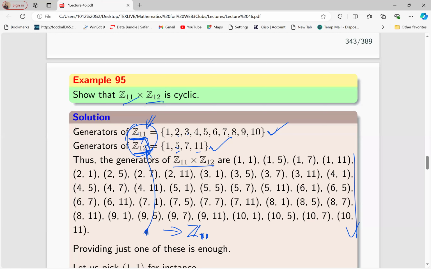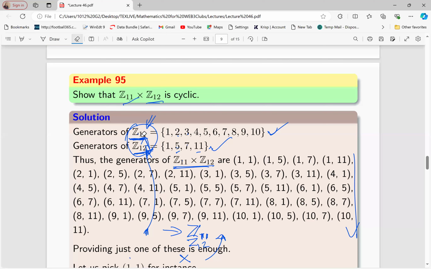Then it calls on it again: give me the generators of Z12. And then we'll be having another function that is now taking these generators and getting their product. And then, of course, you have the main function that is now printing those generators. So those are the functions we'll be having.